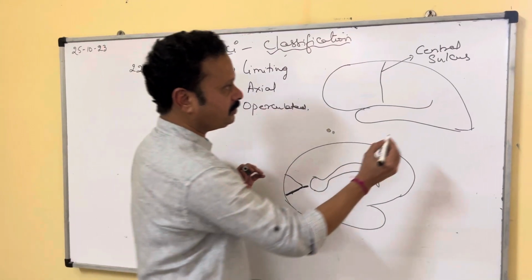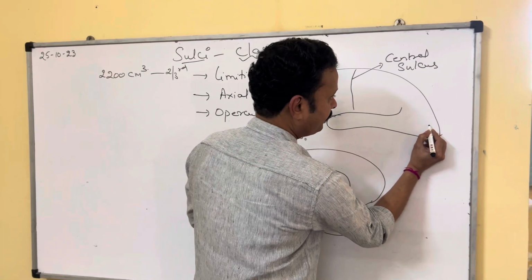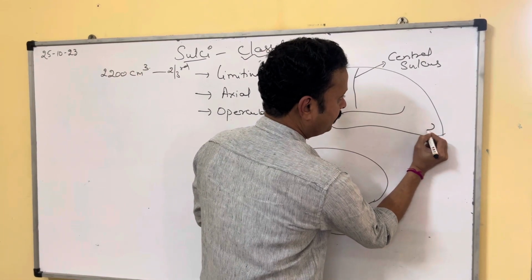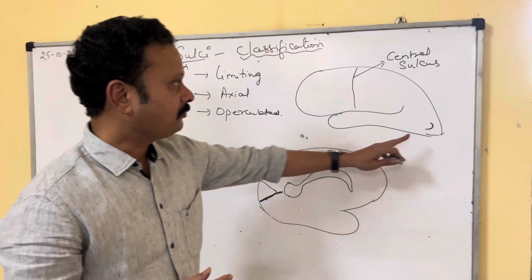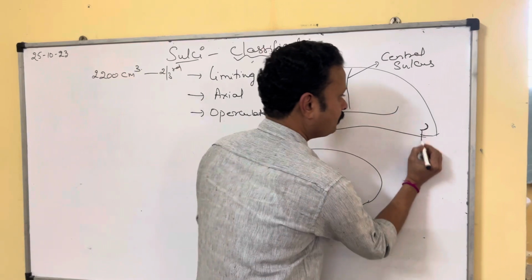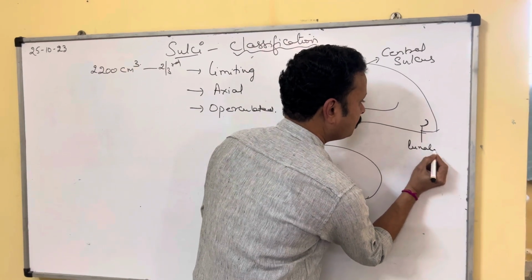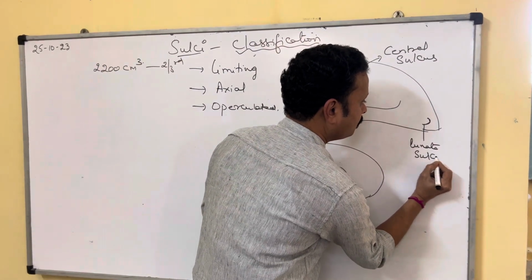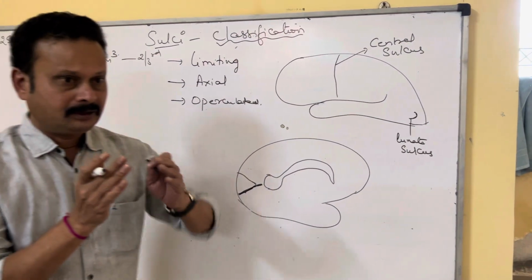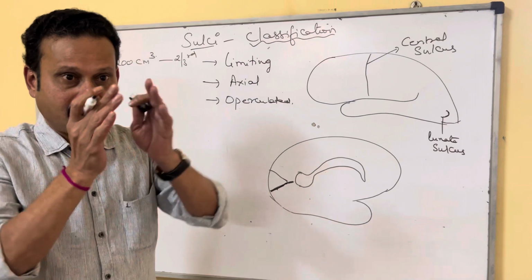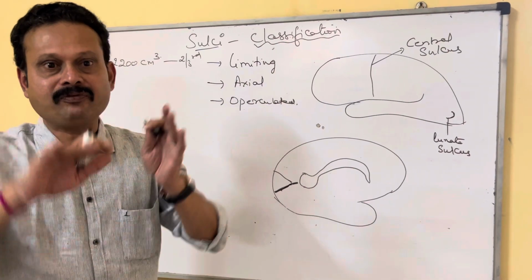Operculated sulcus: if you see here, the lunate sulcus present over here forms an example of operculated sulcus. Opercula means having two lips and a floor.